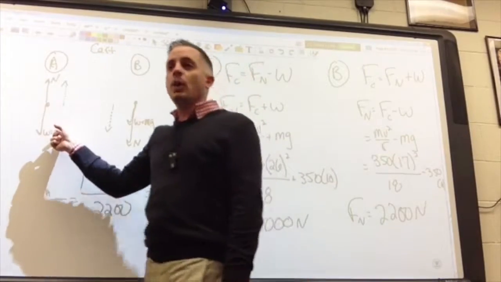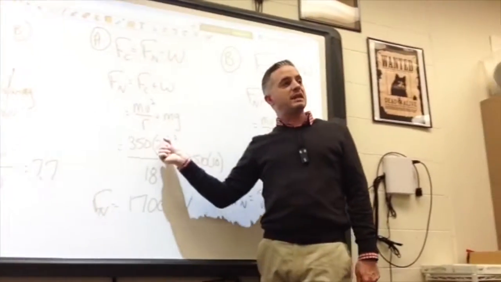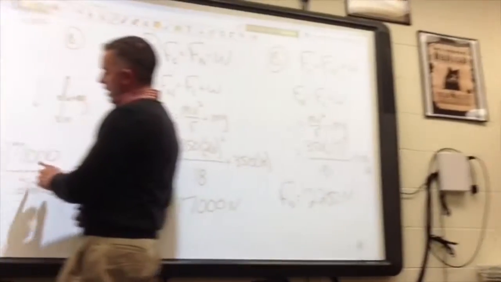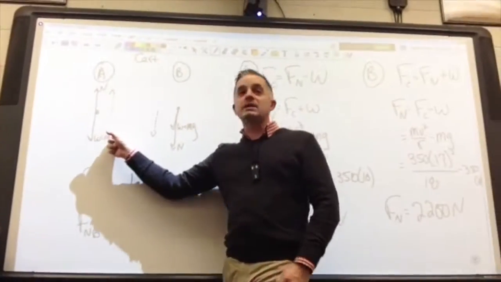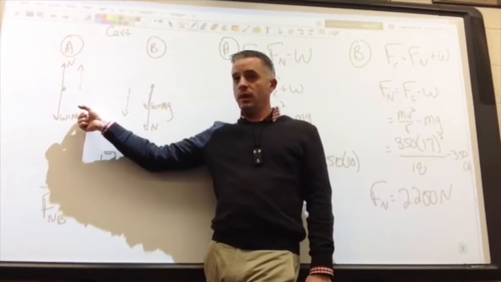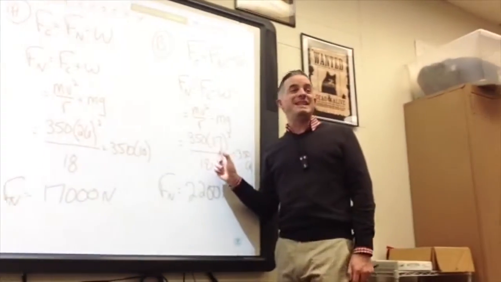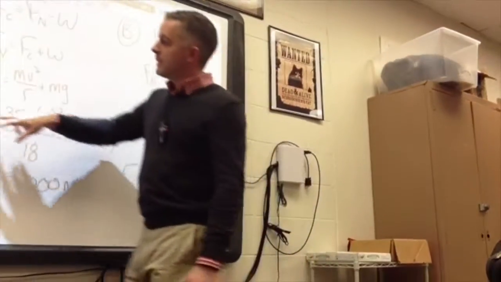So if we're going to go into circular motion and we want to go in at 26 meters per second, we need the 17,000 newton normal force because the weight is not helping, it's actually hurting. Do you follow me? But at the top, where we're going 17, we want to go 17.